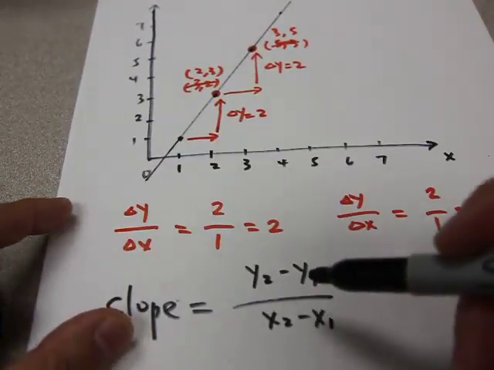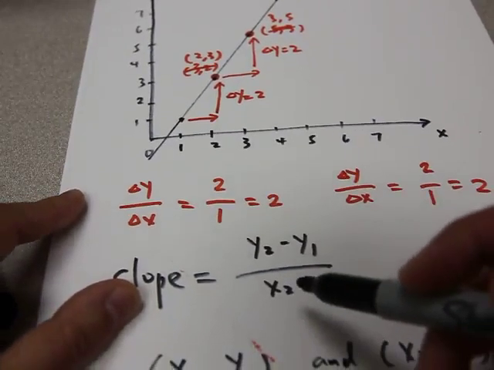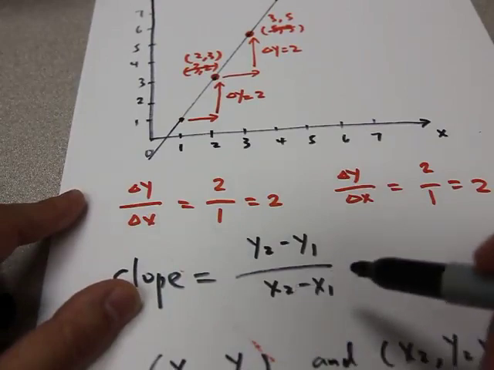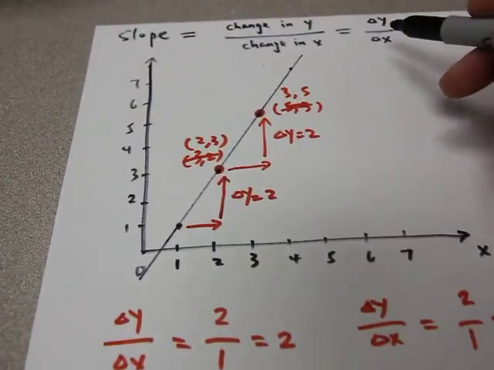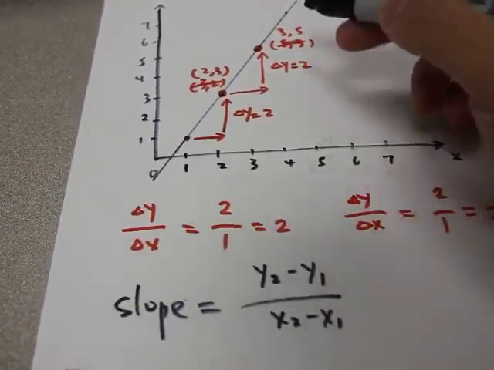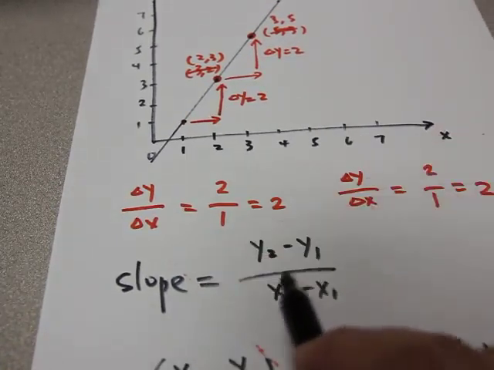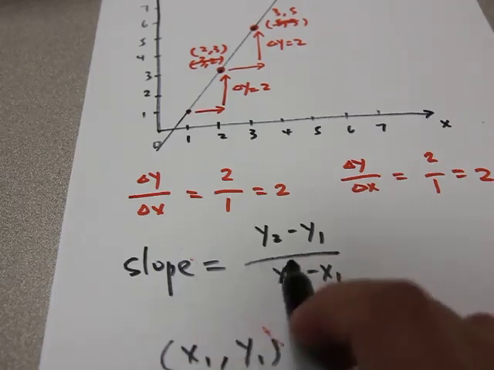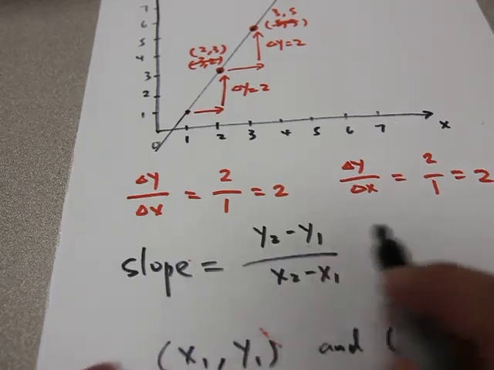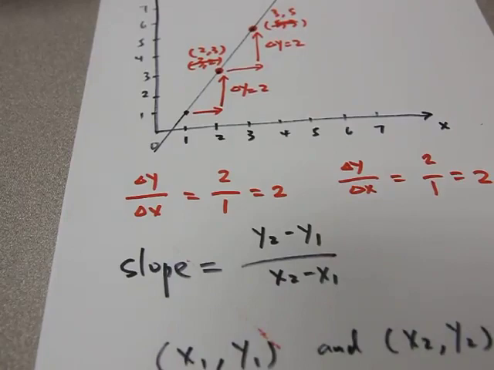This is another way to write the difference in y over the difference in x. Actually, these 2 definitions are equivalent, so using this way, we can also compute the slope of the straight line.